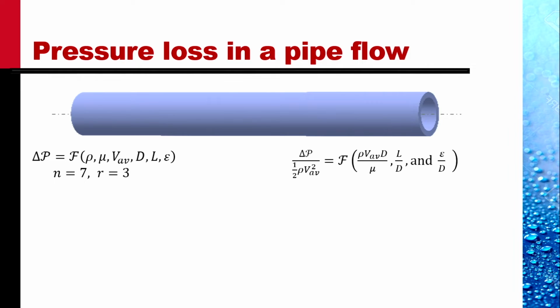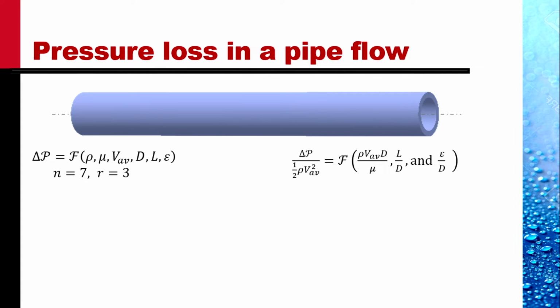And with this, if we carry out a dimensional analysis like we have carried out in the last few classes, the non-dimensional pressure difference parameter, delta P divided by 1/2 rho V average squared, is a function of rho V average D divided by mu, which you recognize as the Reynolds number, L by D, the length over diameter of the pipe, and epsilon by D, which is called the relative roughness.